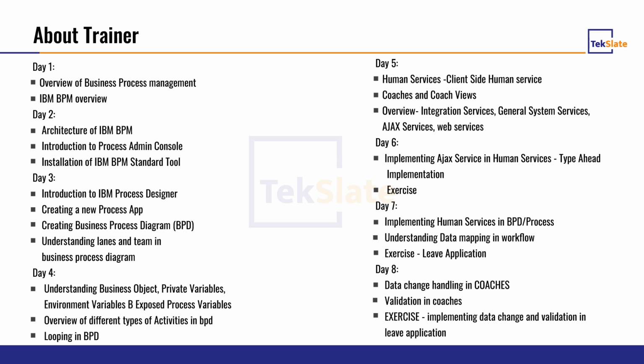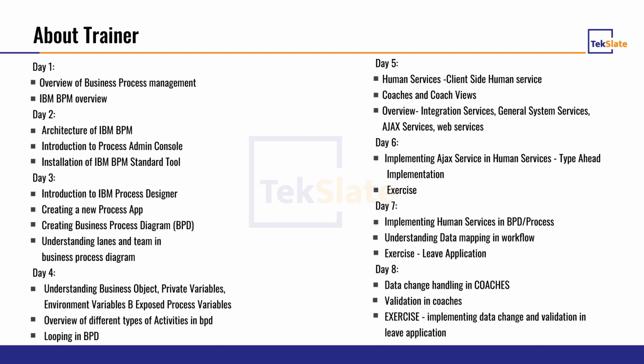For day five, we come to the coach or the UI where we implement human services. Human services are mainly of two types: heritage human service and client-side human service. Client-side human service is something we have been implementing for the last 2-3 years because it is new, and this is something the client or customer wants, because client-side human service is supported on all the different platforms and resolutions that we have, whether it's a tablet, a phone or a desktop.